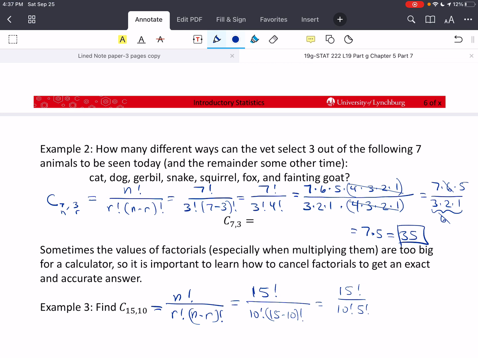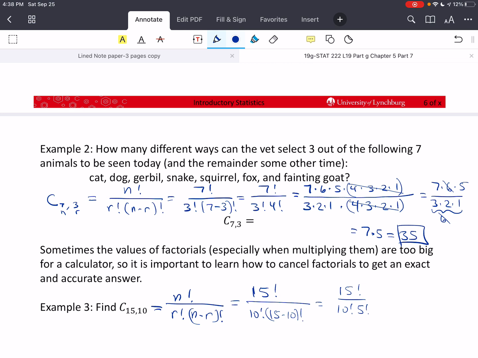So I'm going to get my scientific calculator out and see if it gives me 15 factorial. 15, math, and then over to the factorial. And here is what it gives me.